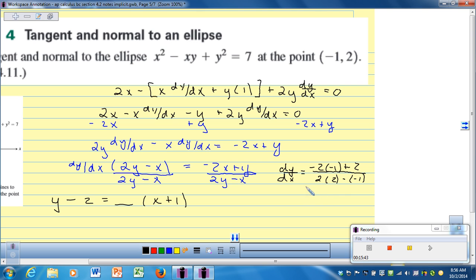Giving me what on top and what on bottom? 4 over 5. That's my slope for my tangent line. Remember, when you put in slope, you are not putting in a function with x, you are putting in a number. So here is my tangent line, and then a quick change makes it my normal line. y minus 2 equals negative 5/4 times x plus 1, and there's my normal line.